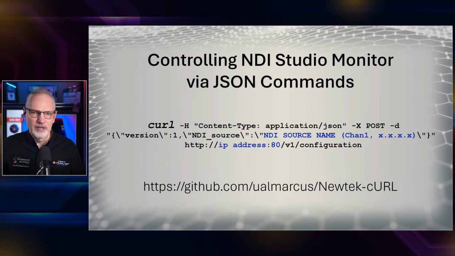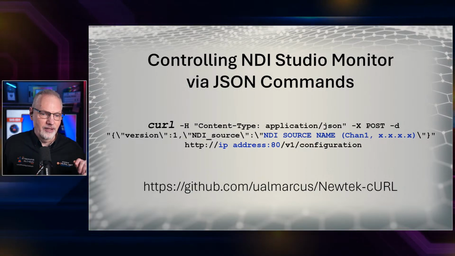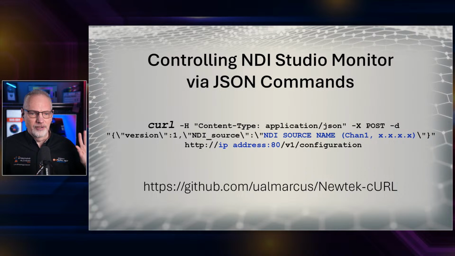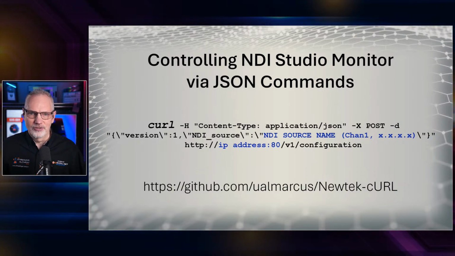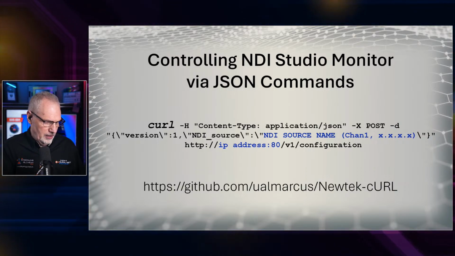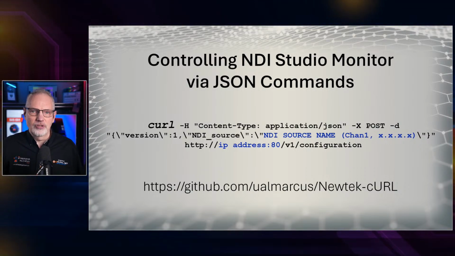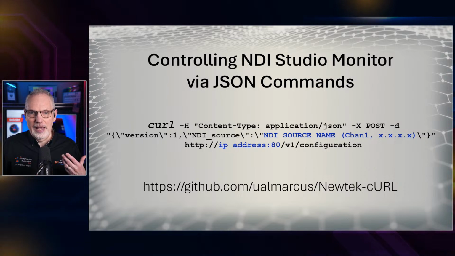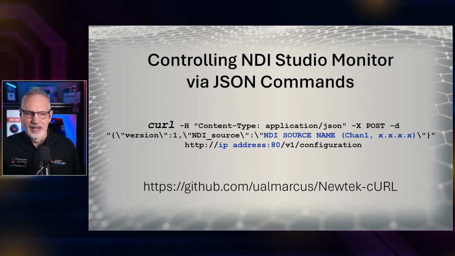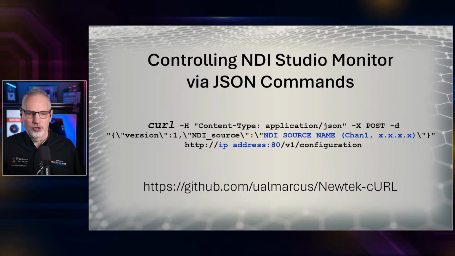Curl is a command that, it's a sort of Unix command, you can use it on Windows, you can use it on Mac. It's a pretty generic command line tool that will allow you to execute a web-based action. And so in this case, it starts out where you say curl, and it says, what's the content type?